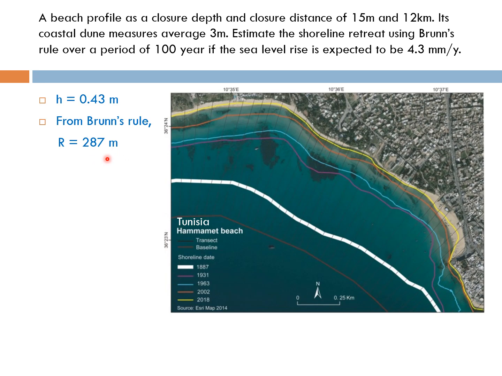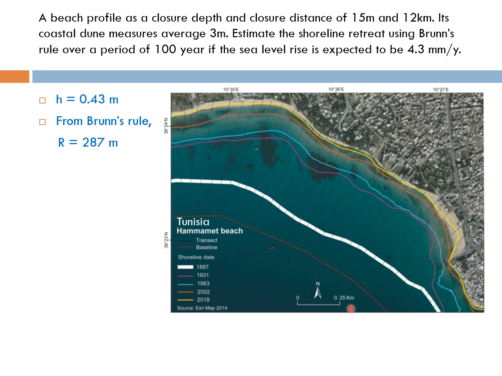Now this is an arbitrary example, but if we look at this figure, which shows what happened in Hammamet Beach in Tunisia, the shoreline in year 1887 is represented by this white curve, and subsequently the measured shorelines in the later years, and the most recent one is in 2018, which is what we see on the satellite picture represented by the yellow line.